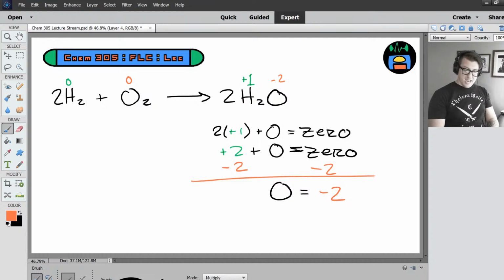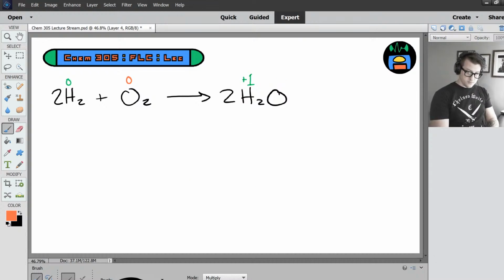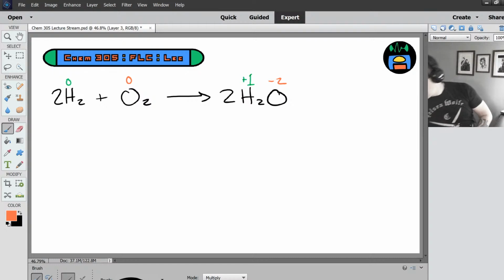Now that we've assigned our oxidation states, we can determine which element is oxidized and which element is reduced. When you're trying to figure out who's being oxidized and who's being reduced, look for changes in oxidation state.